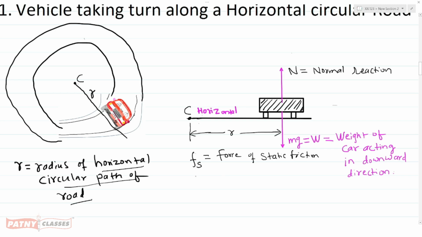And the centripetal force is m r omega square, which also equals m v square upon r. So centripetal force is m r omega square or m v square upon r. What is omega? Omega is the angular velocity of the vehicle, and v is the linear velocity of the vehicle.